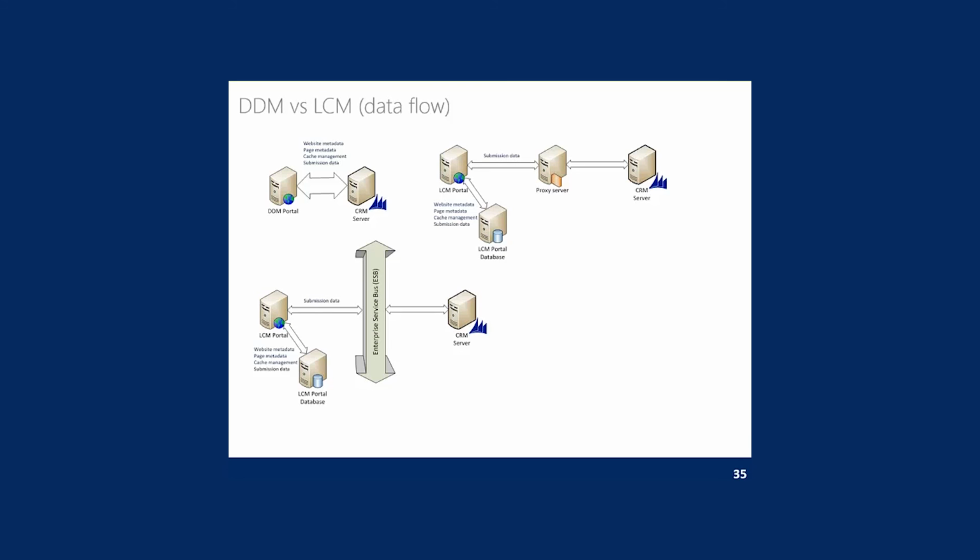One of the main issues with the DDM is that you have to think about security and the zones. How are you going to manage this? This direct connection between the DDM portal and the CRM can really be a deal breaker if you just cannot make it available all the time, either because of performance or because of security.